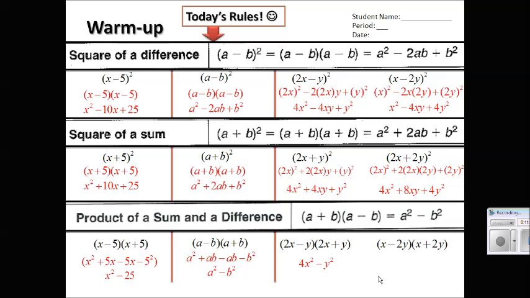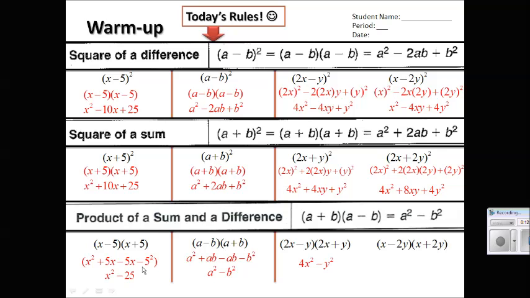Bam. Instead of distributing it all out, then combining, then simplifying, you go straight from identification that this is a sum and a difference. I go straight to the answer.